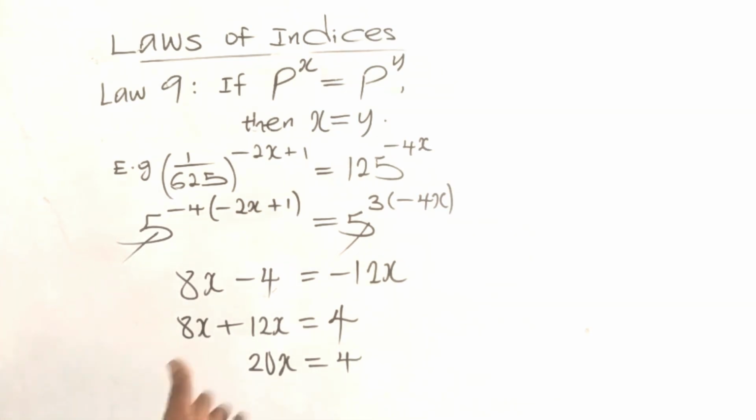You can use 4 to divide both sides of the equation. 4 in 20, that is 5. Then 4 goes in 4 one time. So if we divide both sides by 5, you have x equals 1 over 5.